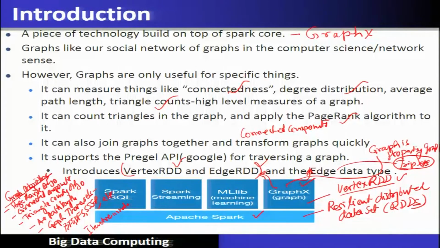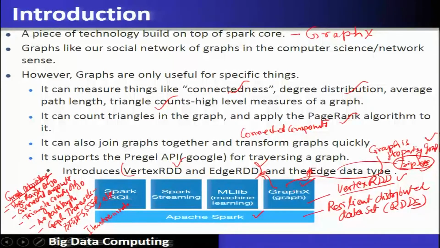Therefore, the support of the graph that is called a property graph and the triplets, we will see how GraphX will provide the important basic features, and also the libraries of GraphX which support all these algorithms in an optimized manner.